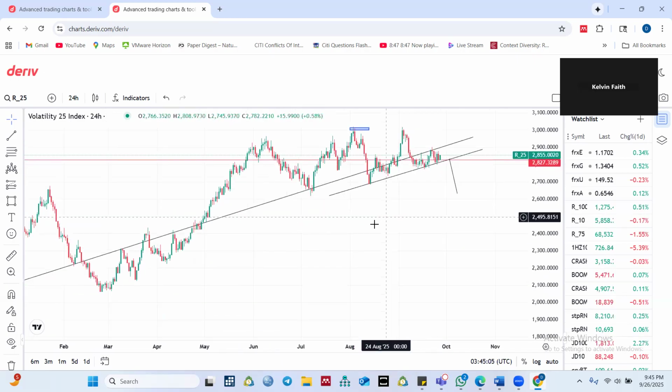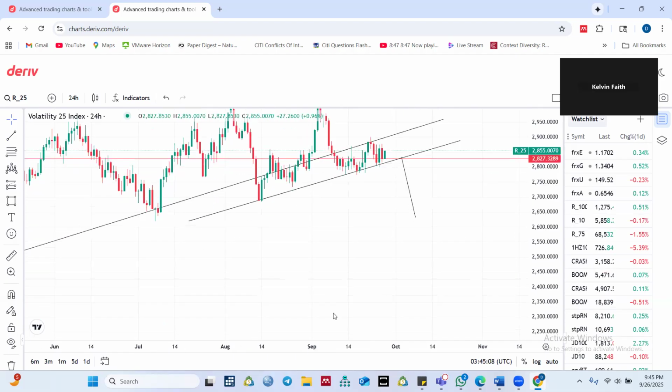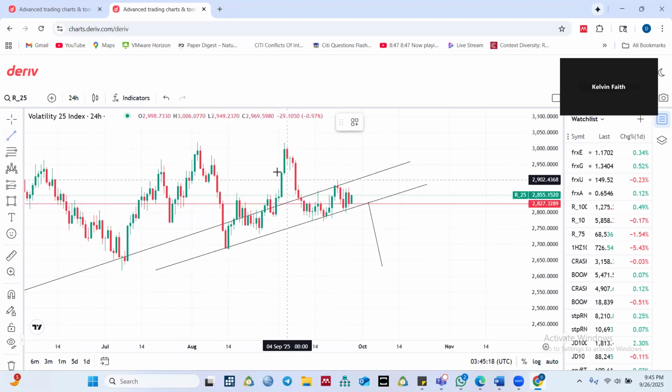So I have two trend lines. Let me draw a counter trend line. I have a counter trend line. That should guide me for now.